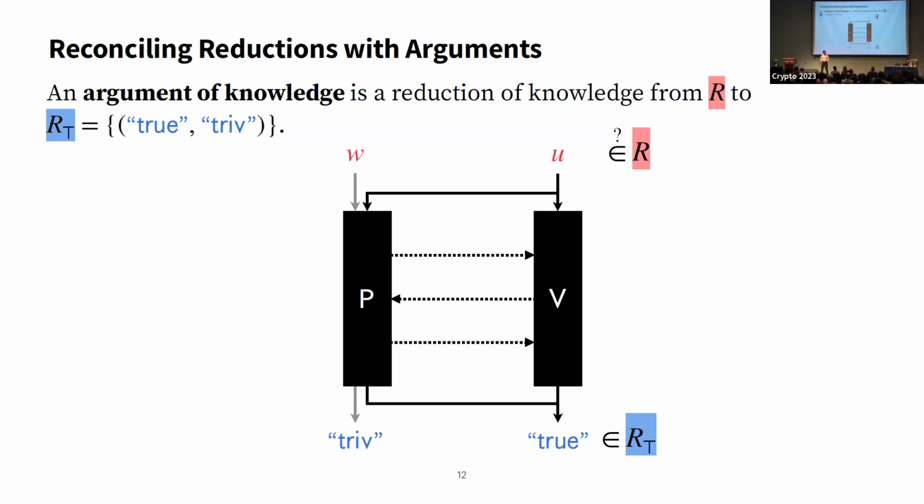Now, in this argument, the prover and the verifier talk, and eventually, if the verifier believes the prover, it'll output the string true, for which the prover can output a satisfying witness triv. Now, otherwise, if the verifier does not believe the prover, it can output any other string, say false, for which the prover cannot output a satisfying witness. Now, it turns out that if you take the definitions of reductions of knowledge and you fix the latter relation to be RT, then you derive out the standard definitions for arguments of knowledge.